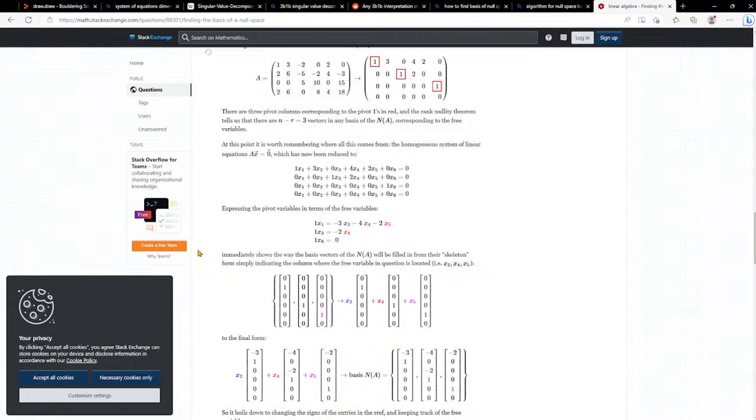So those are the free variables. And therefore, the linear combination.